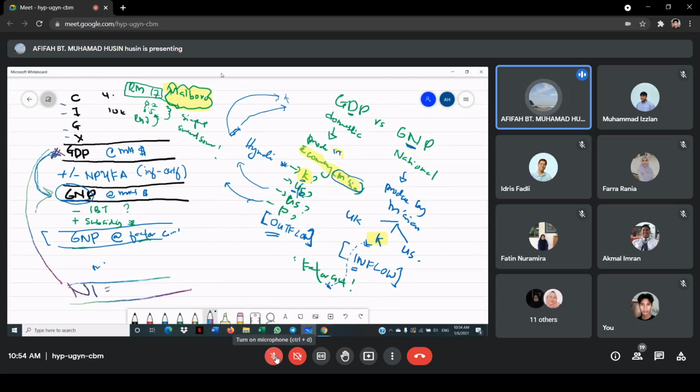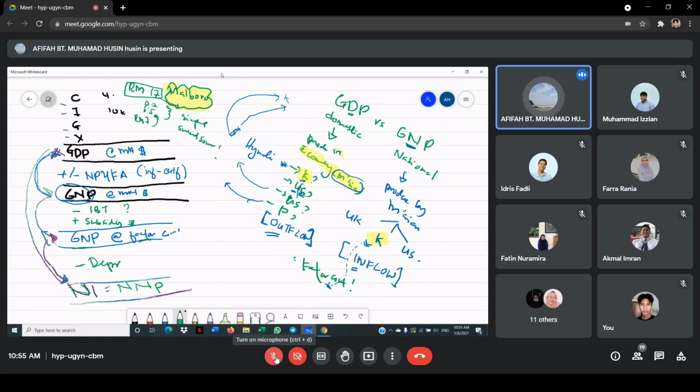From GNP market price, you have to find GNP factor cost. From GNP factor cost, then you can find the national income. But some adjustment needed to be done first. That is, you have to minus depreciation. Another name for national income is net national product.